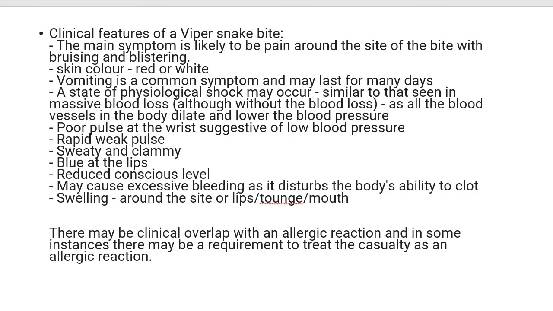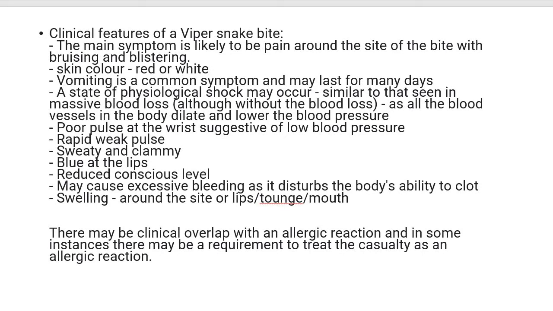So clinical features. Pain and swelling around the site of the bite. They may get some bruising and blistering happening. Skin color change. Vomiting, and then a state of shock may occur. Some of these are very similar to an adverse reaction like anaphylaxis, which we've already talked about.